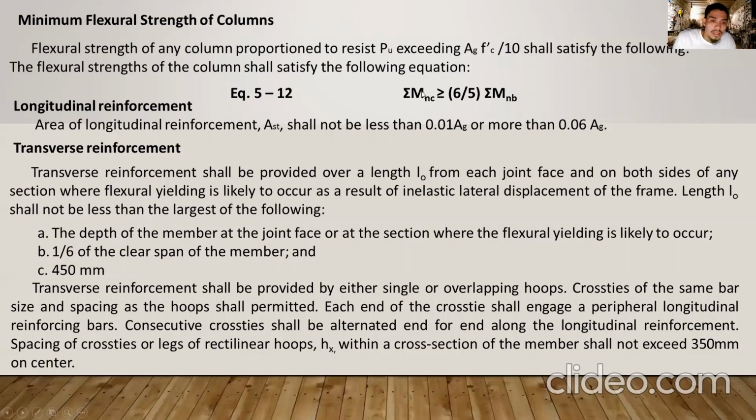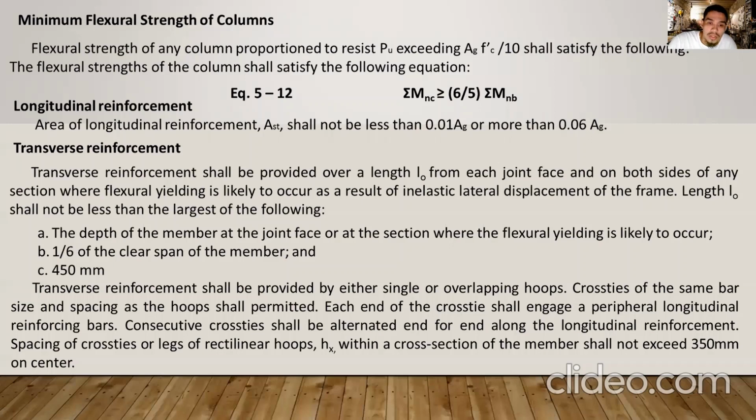Para makuha ng proportion yung isang flexural strength column. Longitudinal reinforcement. Area of longitudinal reinforcement, area of steel reinforcement shall not be less than 0.01 gross concrete area or more than 0.06 gross concrete area.